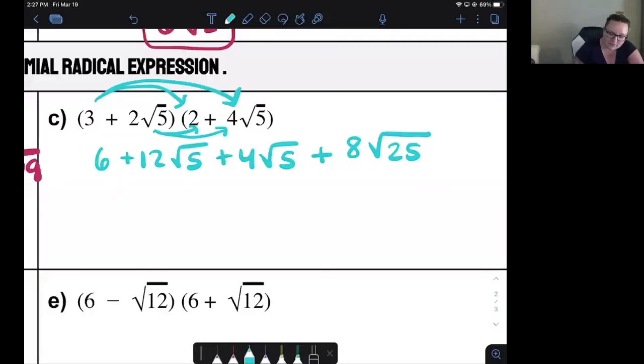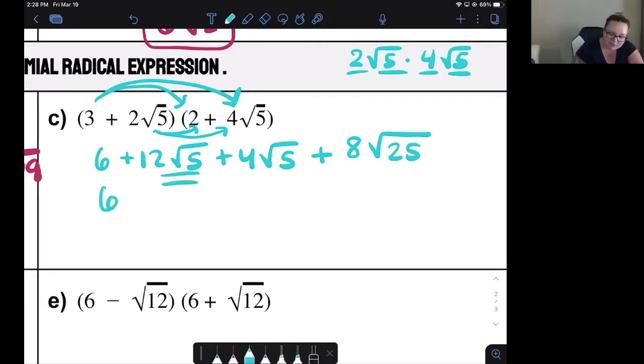All right, so 3 times 2 is 6. 3 times 4 root 5 is 12 root 5. 2 root 5 times 2 is 4 root 5. And then 2 root 5 times 4 root 5. 2 times 4 is 8. Root 5 times root 5 is root 25. Then we need to simplify.